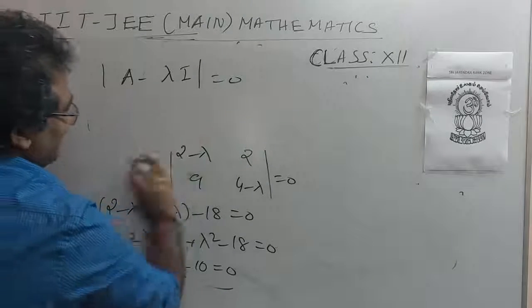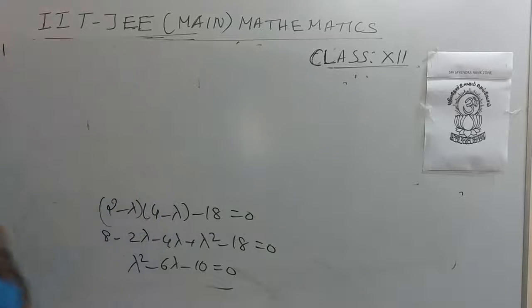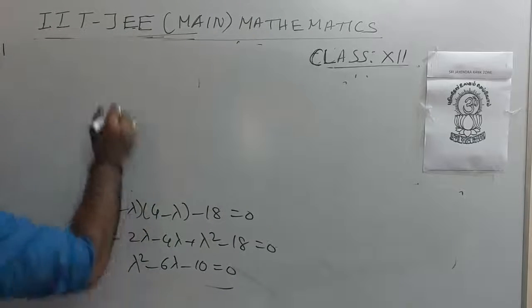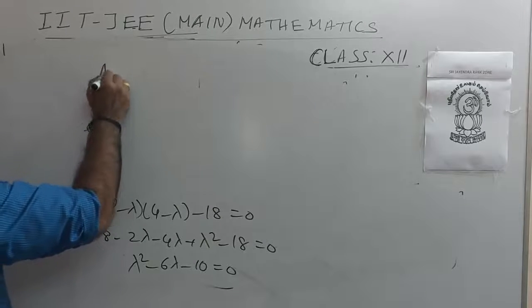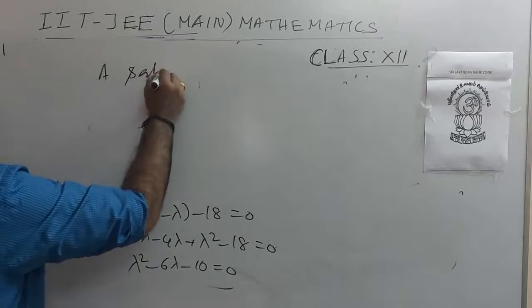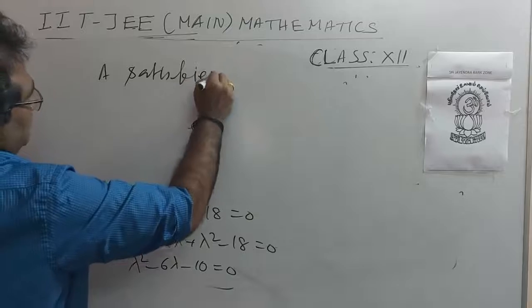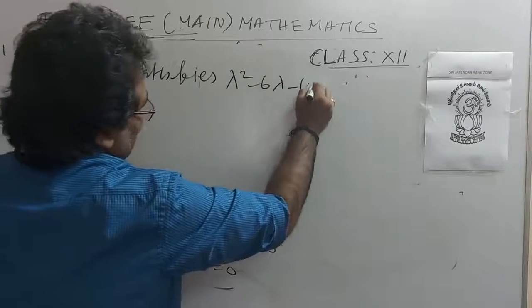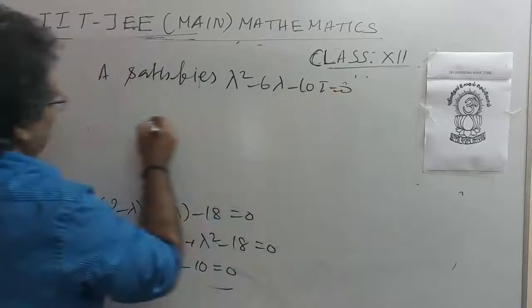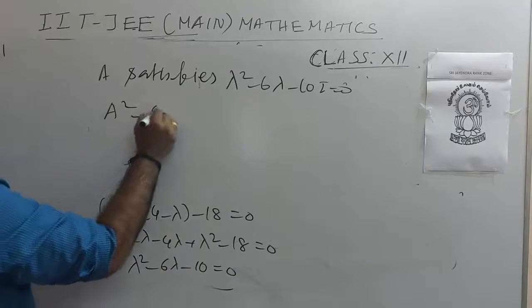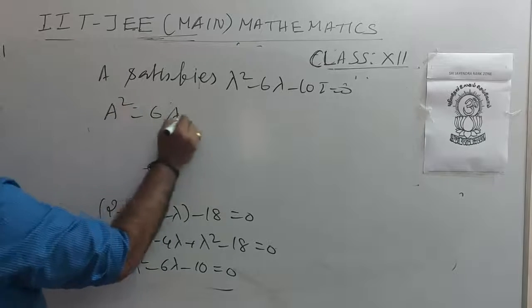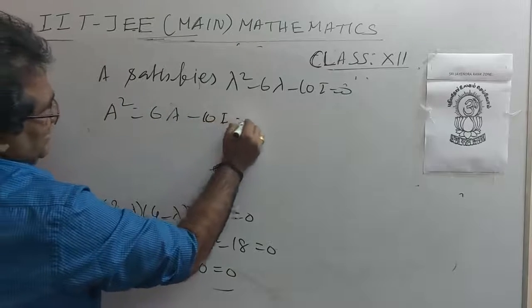So it's the characteristic equation. Every matrix satisfies its characteristic equation, so the given matrix A also satisfies this equation. So A satisfies lambda squared minus 6 lambda minus 10 equal to 0. That is A squared minus 6A minus 10I equal to 0.